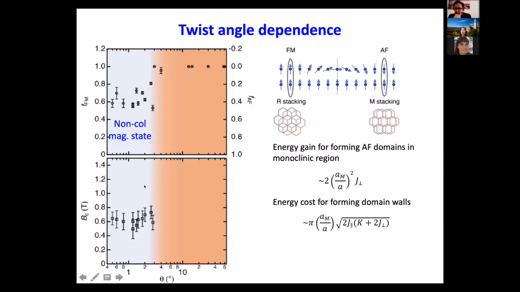And then at the transition, you just need to balance the gain and the cost. You can imagine, for very large Moiré pattern, the area always wins. So you get antiferromagnetic and ferromagnetic, so the non-collinear case. And for a smaller Moiré pattern, you only get ferromagnetic. And that also gives us a critical angle.